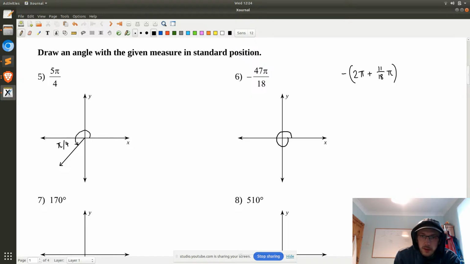So it makes one full turn. Now 11 over 18 pi. Well, if it were 9 over 18, that would be half of pi, which is a 90-degree turn. But it's a little bit more than that. It's 2/18 pi more than that. So I can signal it like this.